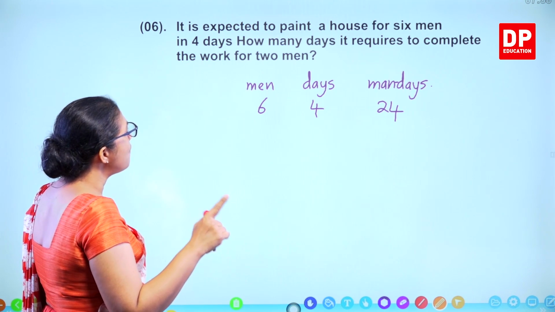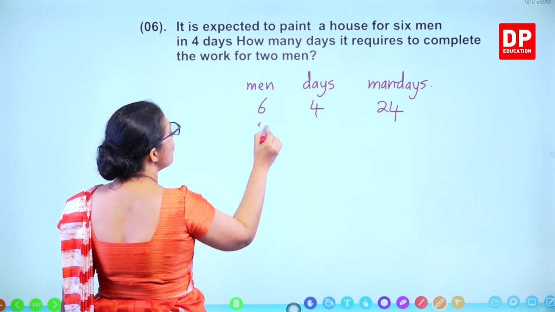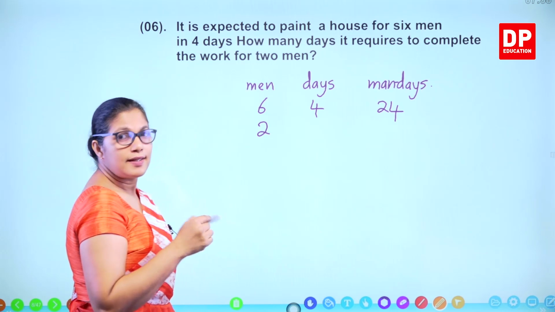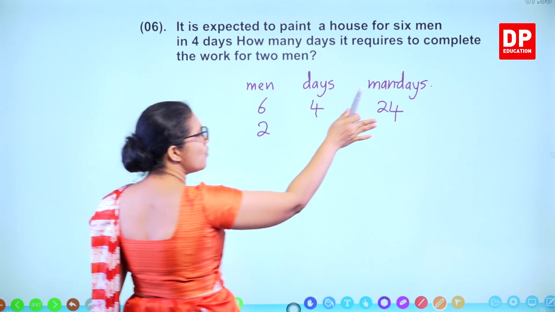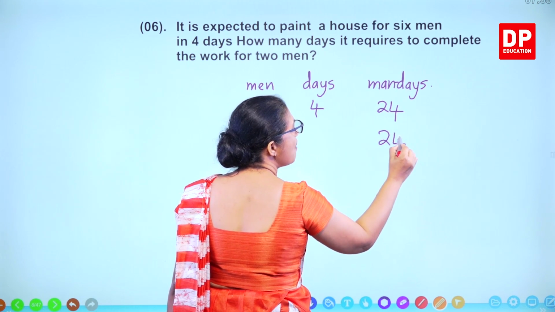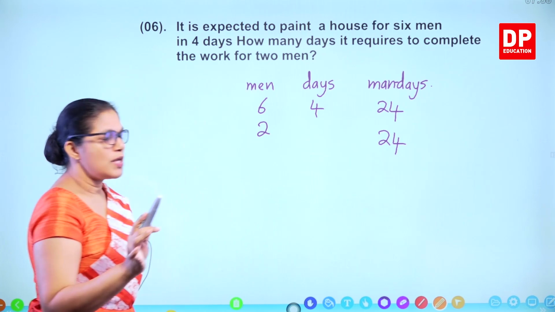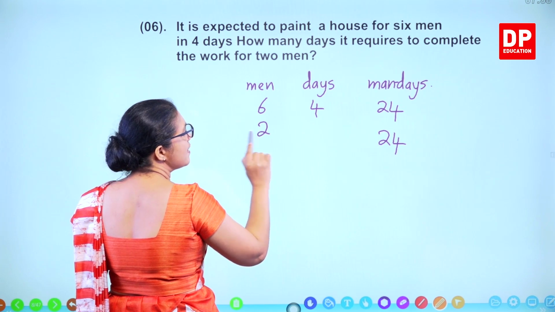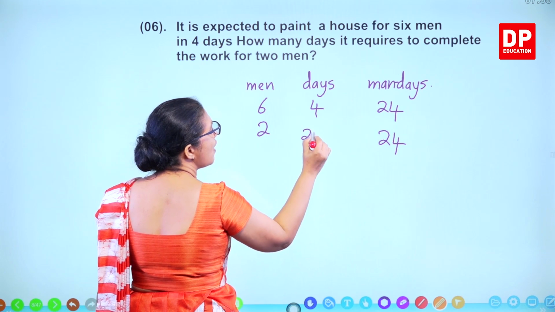Now it says if there are 2 workers, how many days do you need? But we know this is the same work, so you need 24 man days. So how do you get the number of days if this is 2? You divide by 2.